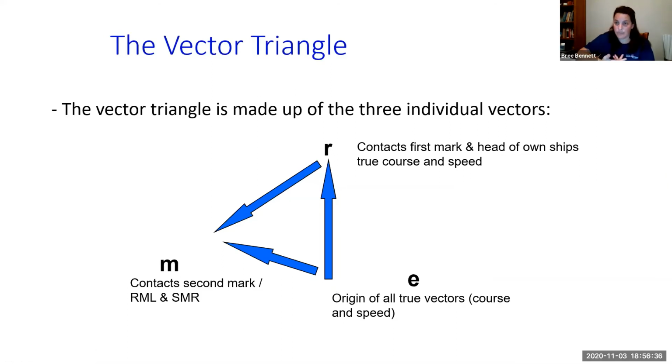Now, if we're doing this on the radar in class in a simulator or out at sea, we have to wait that 6 minutes from plotting R to plotting M, because we have to wait for that little blip to move across the screen. Now, 6 minutes is a long time. So in that 6 minutes, we can plot our own true course, our own ship's vector. So it doesn't really matter what order you do it in this class, whatever makes sense to you. We're going to be practicing it tonight.